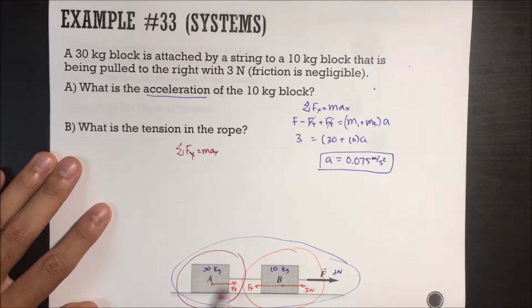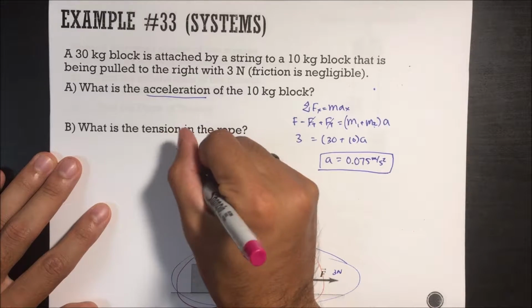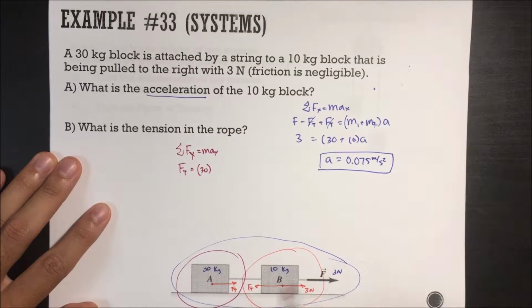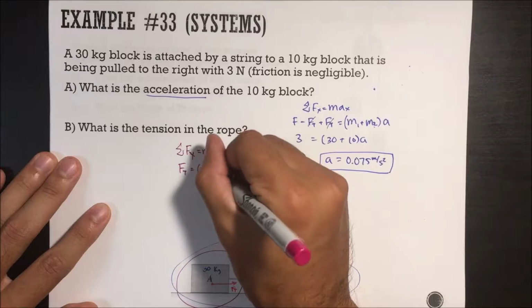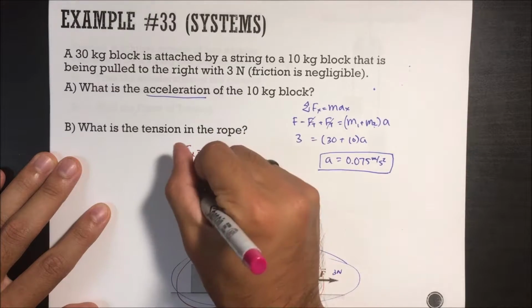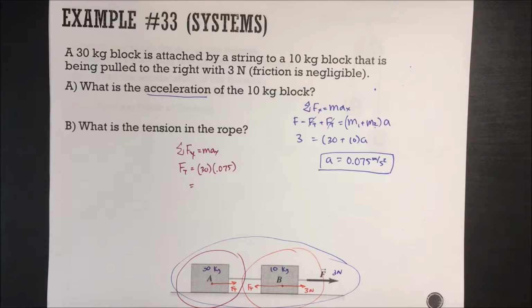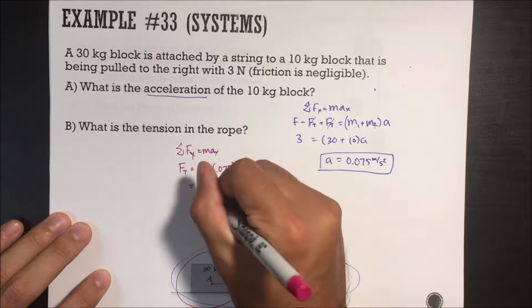The only force on this is the force of tension, which is equal to the mass, which is 30, times the acceleration of this box, which is 0.075. You can't use the whole system, because if you use the whole system, the force of tension is always going to cancel out, and we need to know what the force of this tension is. And we get 2.25 newtons.